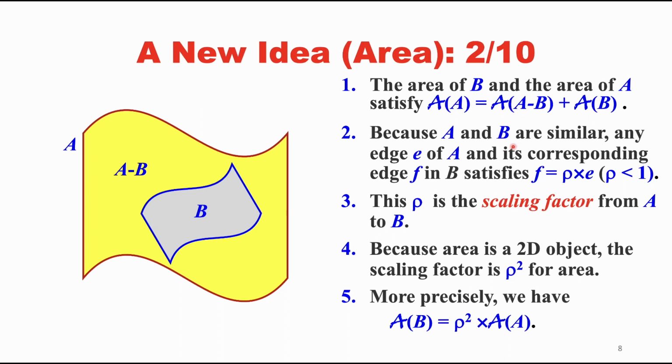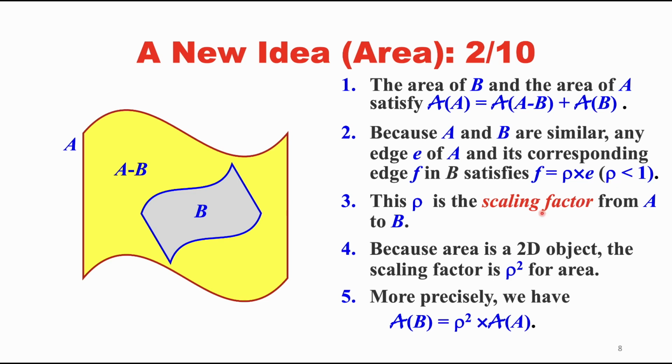Now, because A and B are similar, any edge of A, we assume that A and B are polygons. Any edge E of A and its corresponding edge F in B satisfies this. That is, we scale the edge E by a factor of rho down to F. Of course, rho is less than 1.